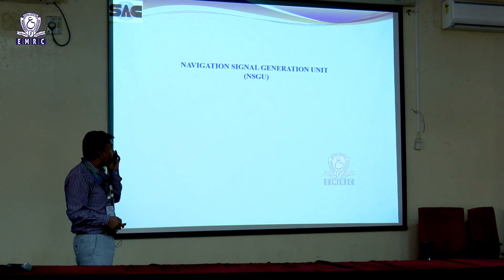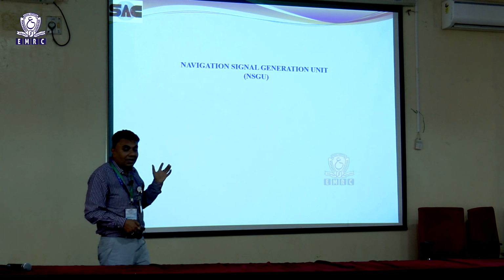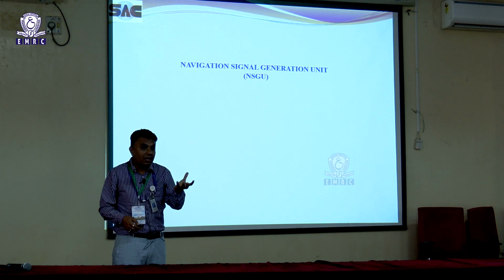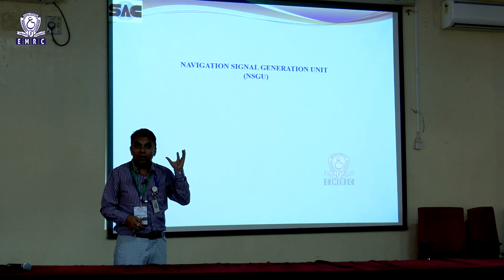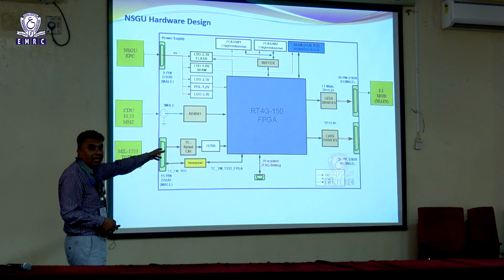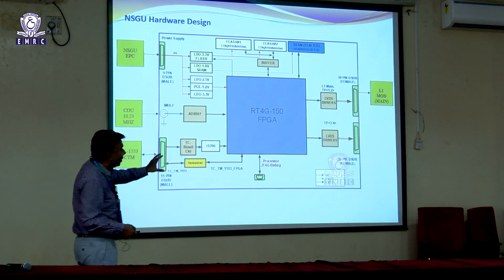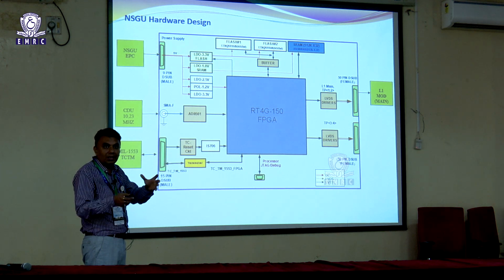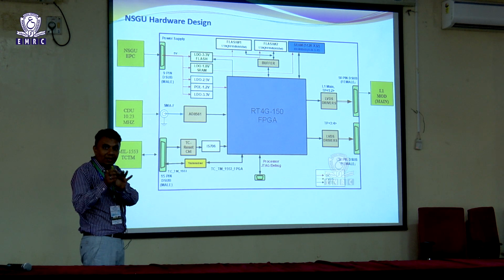Second is called the navigation signal generation unit. Basically, I can call this the mind of any NavIC satellite, where all the navigation parameters are generated on board and transmitted through the modulators. We designed this using an RTG4 based design. Inside the RTG4 itself we have a Leon 3 FT processor. As I mentioned, we try to put more processors inside the FPGA itself if the design is feasible.